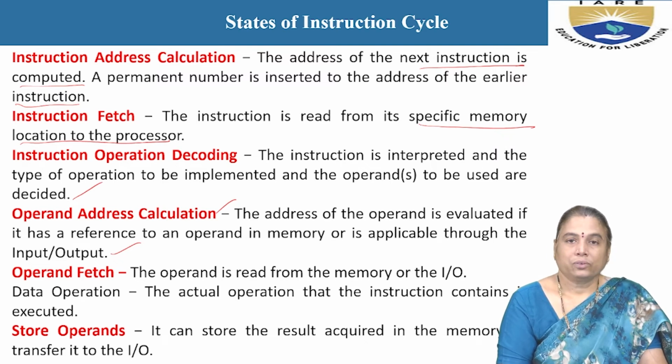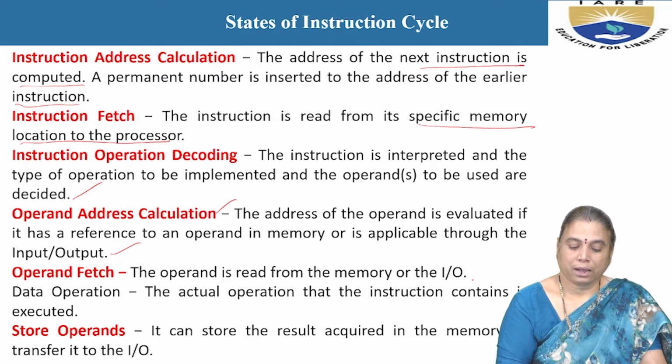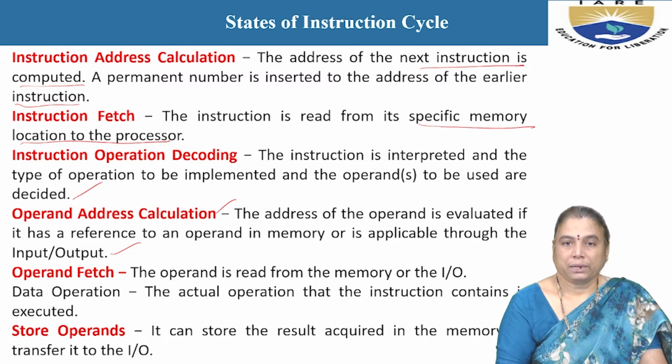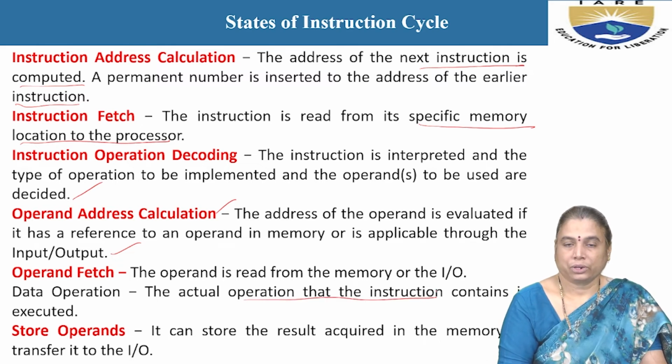The next state is operand fetch. Here the operand is read from the memory or the IO for the data operation. The data operation consists of the actual processing of the instruction, or execution of the instruction.